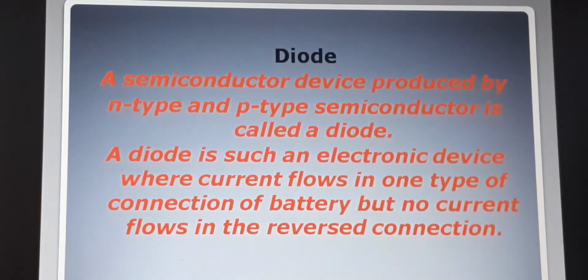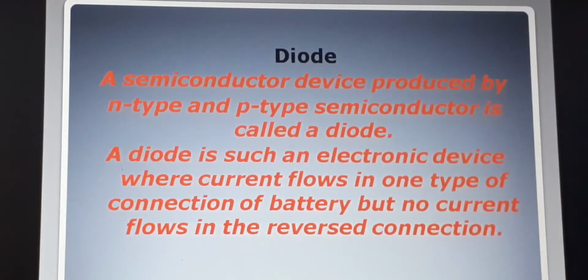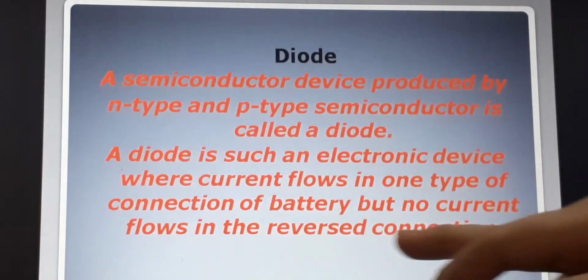Now, diode. Diode is very important and essential to know, because a semiconductor device produced by N-type and P-type semiconductors is called a diode. That means it consists of N-type and P-type semiconductor. A diode is an electronic device where current flows in one type of connection of the battery but not in the reversed connection.